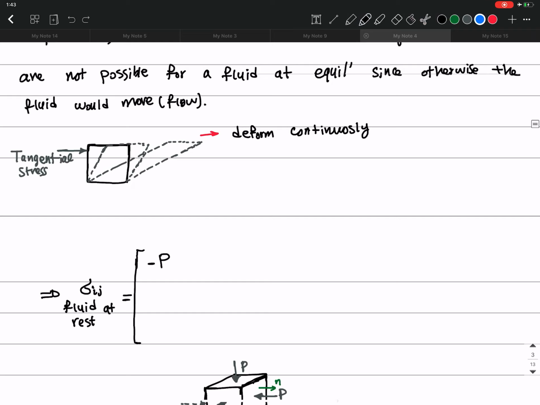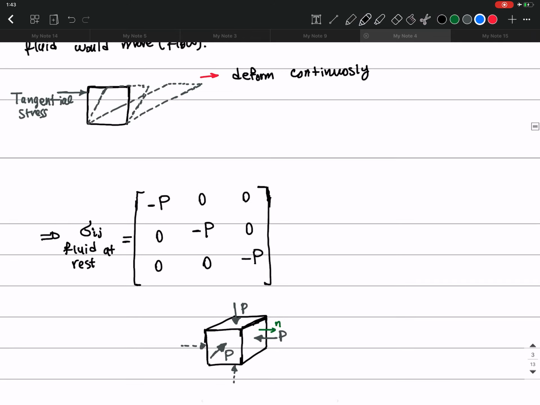So those stresses in a fluid at rest should be 0. And then only the diagonal part, which has the normal stresses, should equal the pressure. So this will be our stress tensor in a fluid at rest.